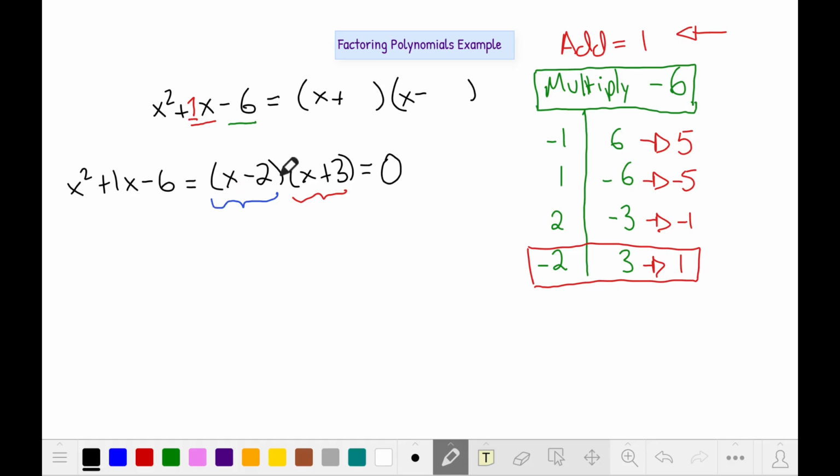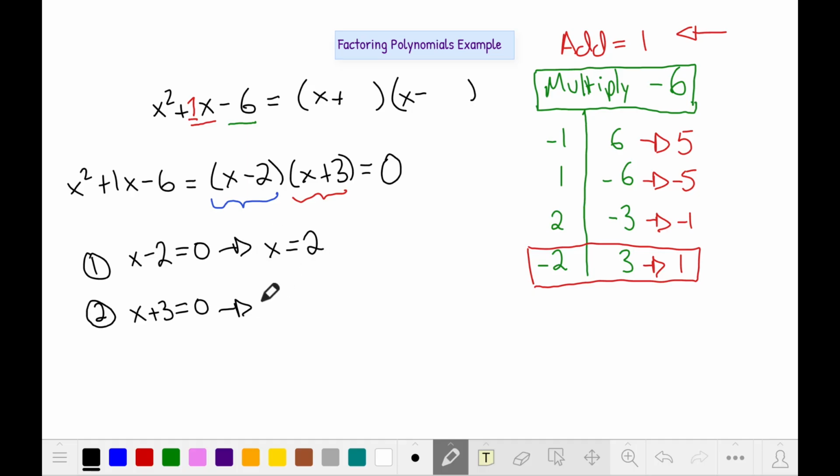And in this case, the two roots, which are the terms inside the brackets, are different. So we're going to have two different answers, which is really cool. We get two different answers to an equation and they both work. So we're going to have x minus 2 equals 0, x plus 3 equals 0. So from there, we can really quickly see, okay, well, x has to equal 2, and x has to equal minus 3.